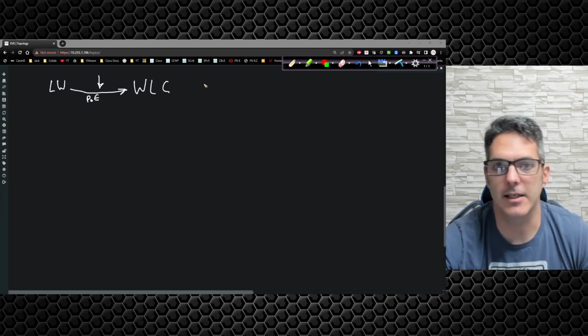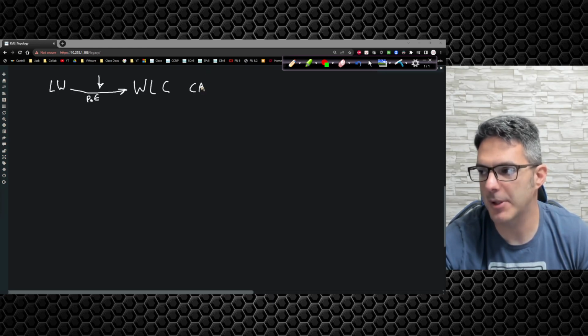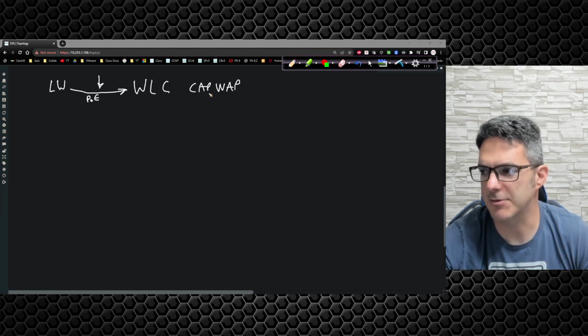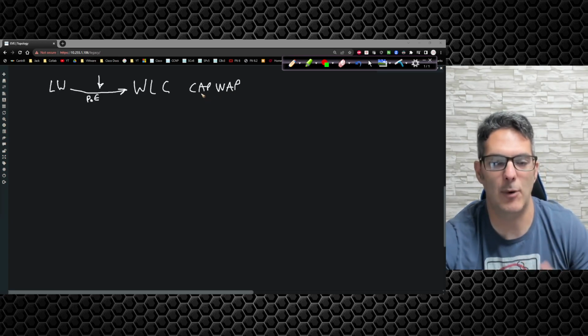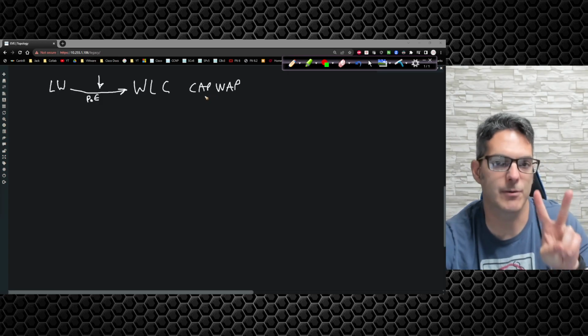There is a tunneling mechanism known as CAPWAP. I don't know exactly off the top of my head what this stands for. I believe it's Control and Provisioning of Wireless Access Points, but I can't remember off the top of my head. They have these tunnels, and in my basic understanding, there's two different tunnels.